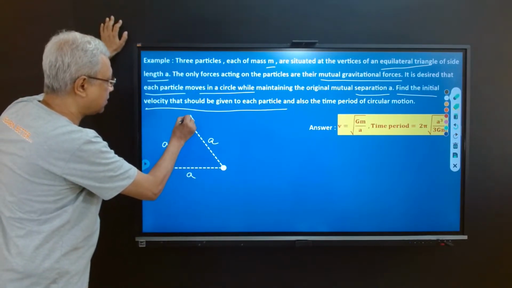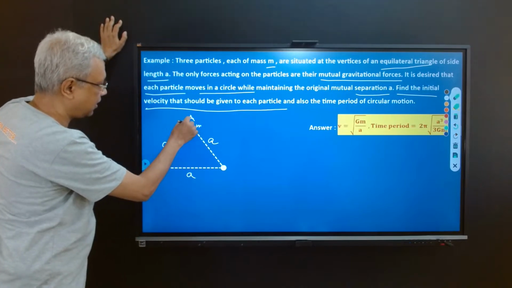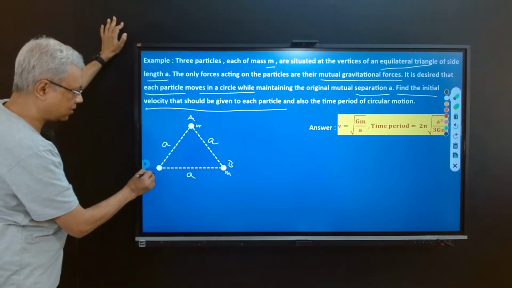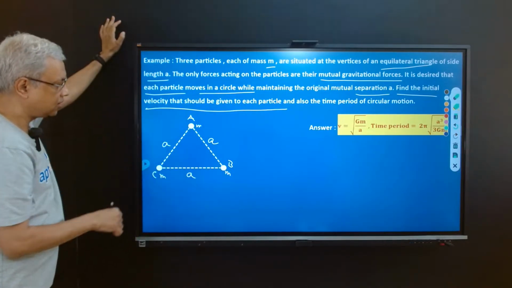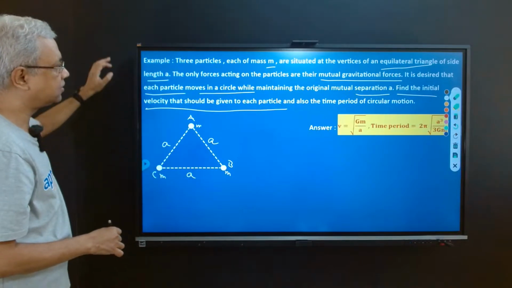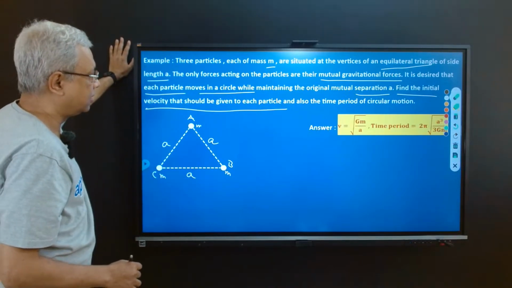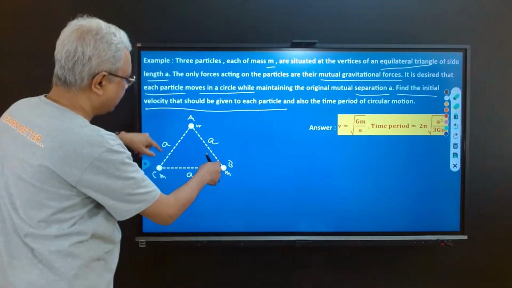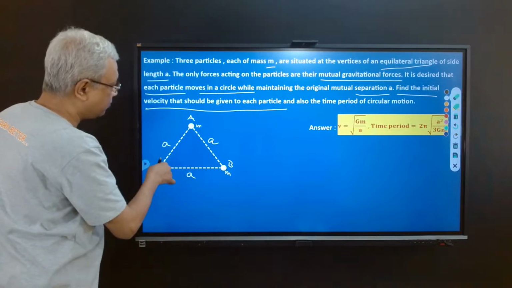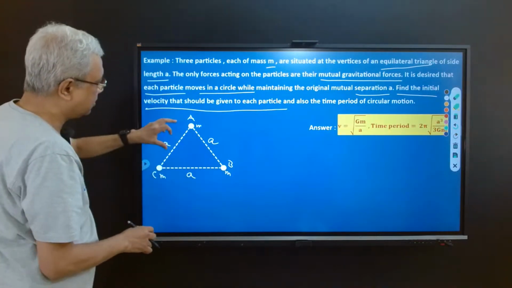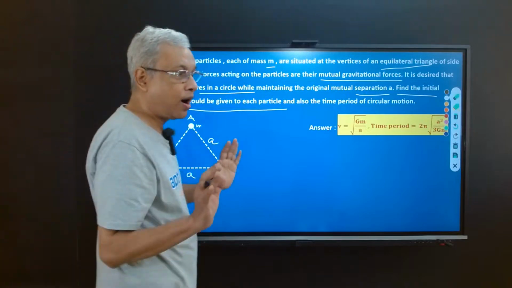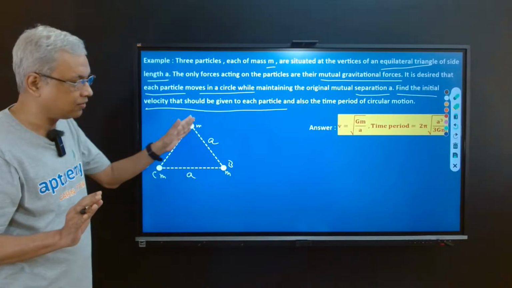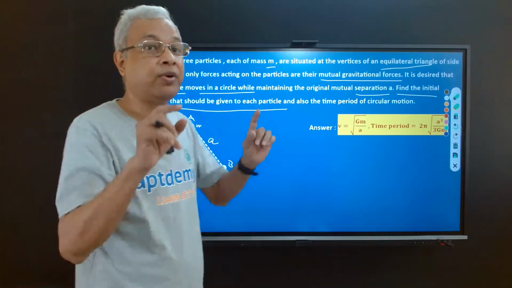One particle of mass m is situated at A, another of mass m at B, and another of mass m at C. Now, the only force experienced by each particle is the mutual gravitational force. So there is no Earth's gravitation. We have to rule out any other force from this environment. It's a hypothetical problem, but fundamental.